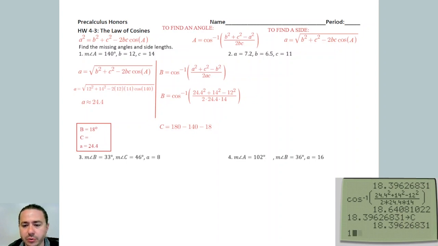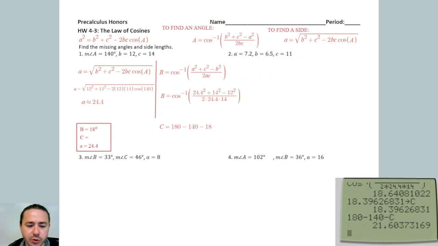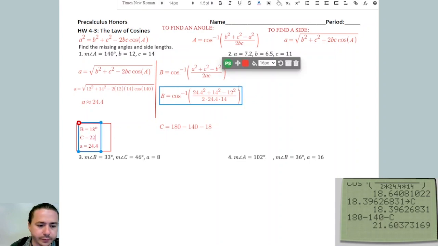You could do 180 minus 140 minus 18, and we get 22, which we would have got anyway. So angle C is going to be 22 degrees.